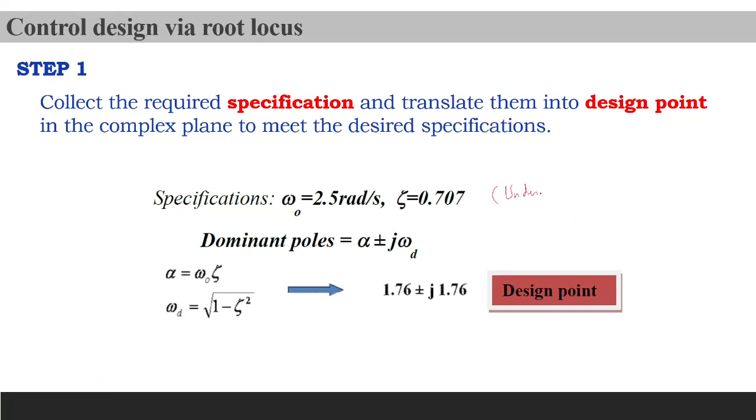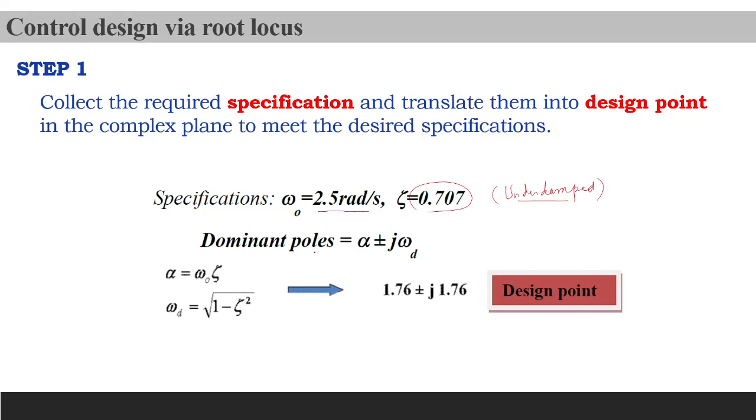If I'm not wrong. Of course, this is less than 1. It's an underdamped system. Of course, we want an underdamped system with this much natural oscillating frequency.